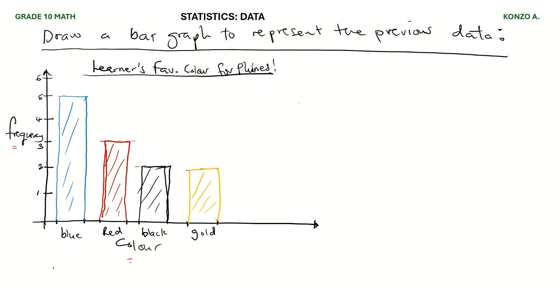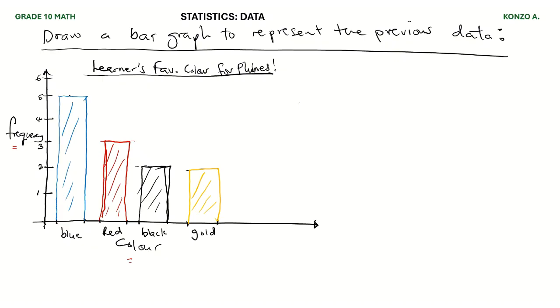Sometimes there may be a need for a key. That means if you've got a lot of stuff in there, you might want to draw a key, and your key should be color coded or shaded in a way that reflects what you have here. But in this case, it's a very simple bar graph, and that's it.